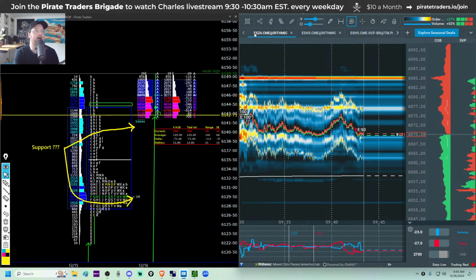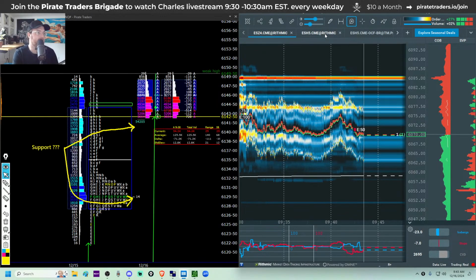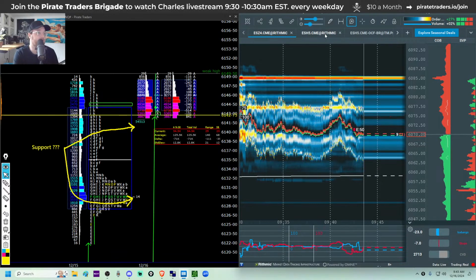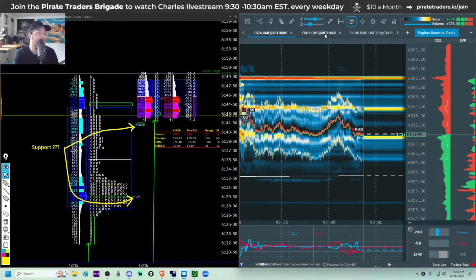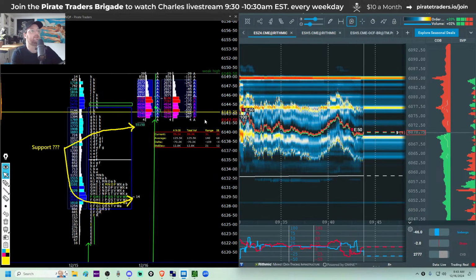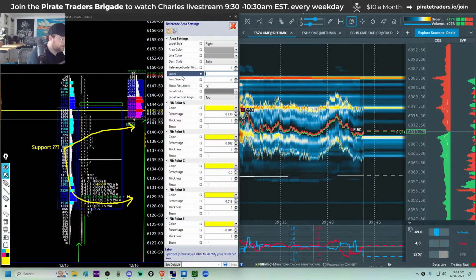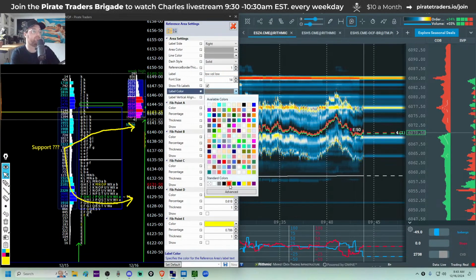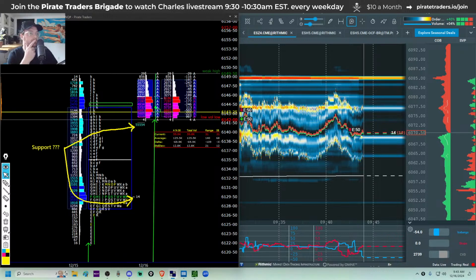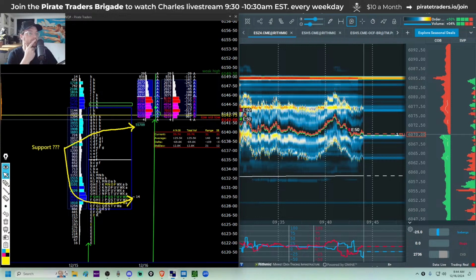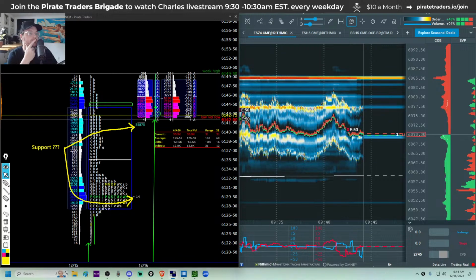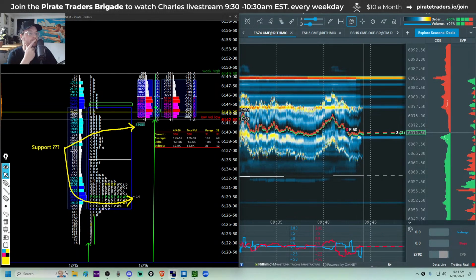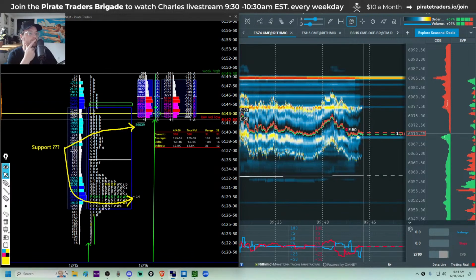The bots are buying. Okay, so Bookmap is going dark here.